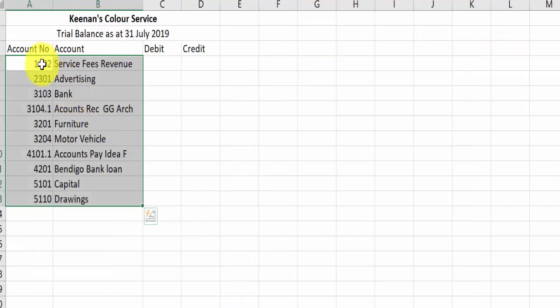You can see here I've got the account number, they go up in numerical order, and there they are. So all my revenues, expenses, assets, liabilities, and owner's equity accounts are in that order. That's the reason why we use a chart of accounts, to have that order in your trial balance. Every trial balance has the name, the date as at, the account number, the account, and the debit and credit balance.